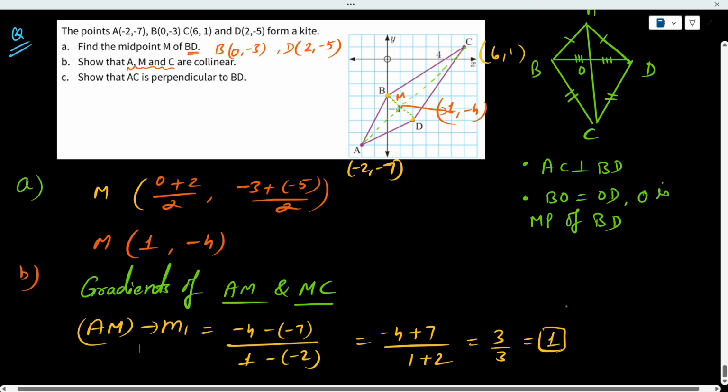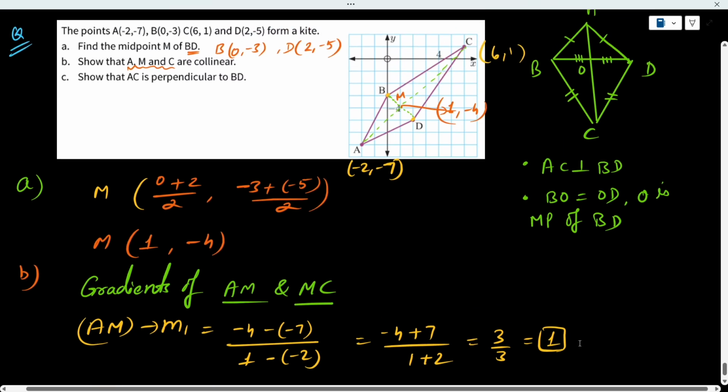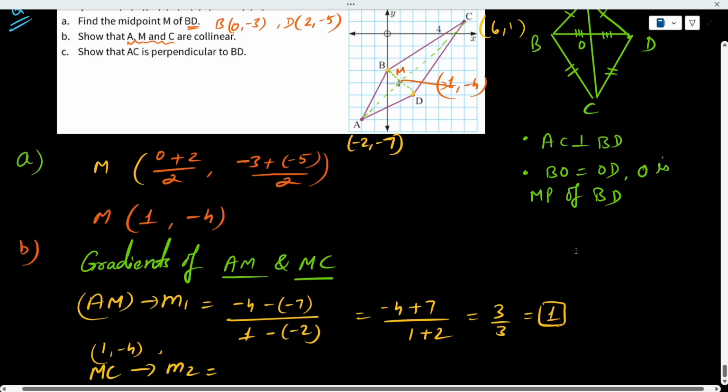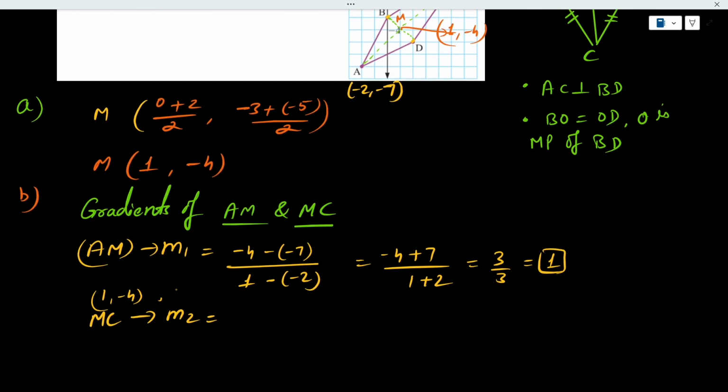And after that, if I need to find the MC gradient, if I take it as m2, now you need to take the coordinates of M, which is (1, -4), and C's coordinates are (6, 1). If you write it down, it's easy to take the values.